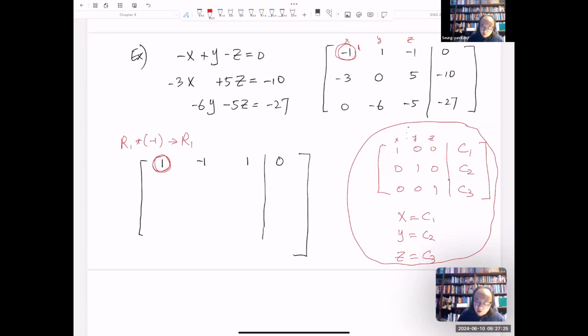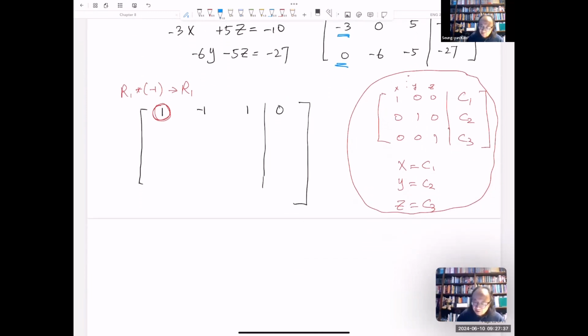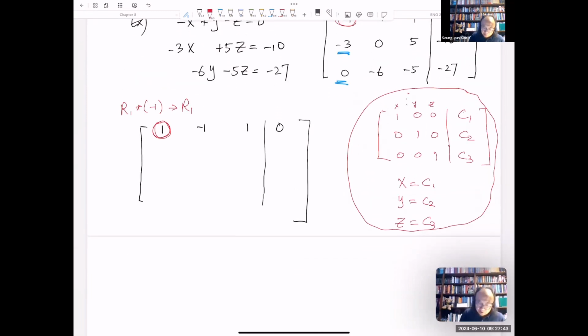Second, all the numbers below, we want to make them 0. The third row is already 0. The second one is not. Therefore, we have to use R1. R1 times 3 and then add to R2, put it back to R2.